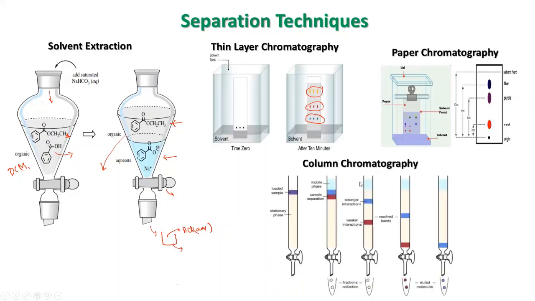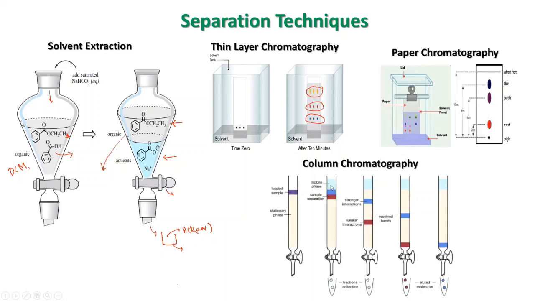Here you have a glass column having a stationary phase, which is generally silica. At the top of this silica column, we put the compound adsorbed on silica. Then we use the mobile phase, meaning a suitable solvent.